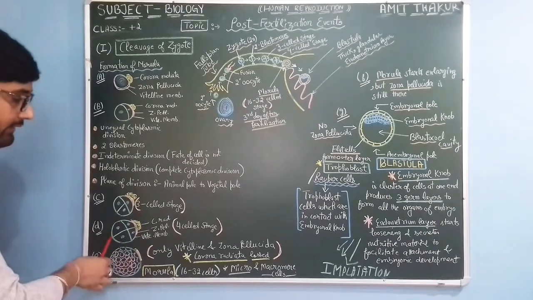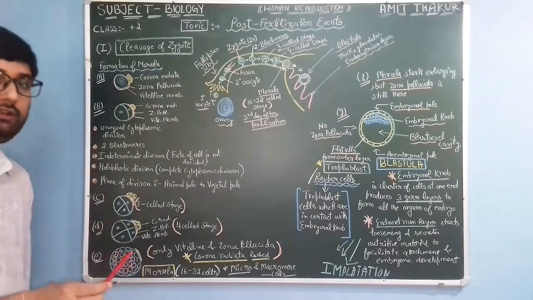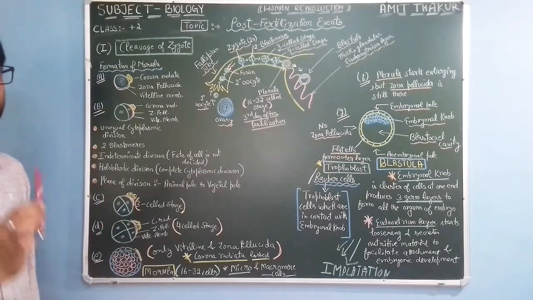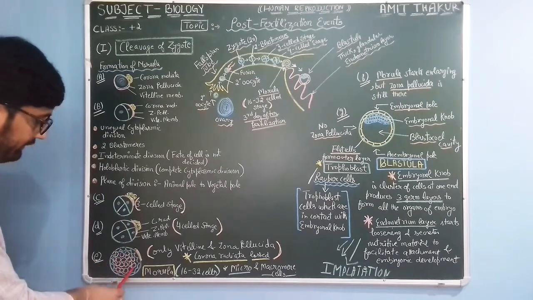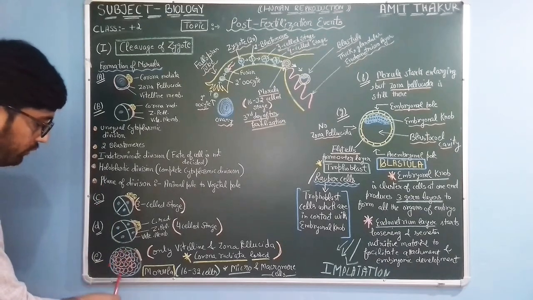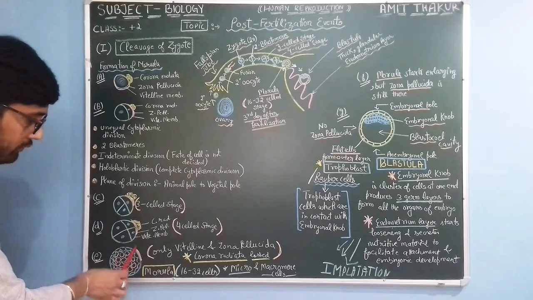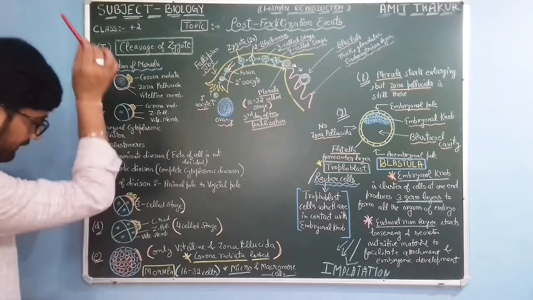Then this 4-cell stage after some time becomes the 16 to 32 cell stage, which is known as the morula stage. Here you can see, this is the morula stage. And one important thing: during the formation of the morula stage, as I have told you, all three layers were present over here, here and here.